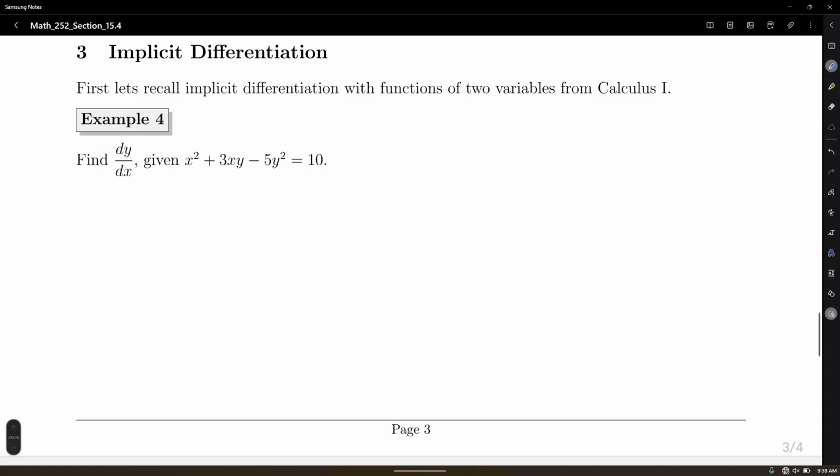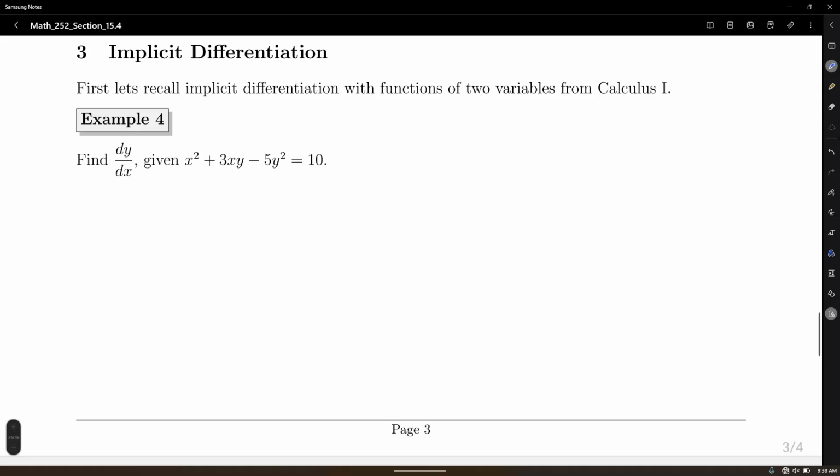So why do we go about implicit differentiation? Well, that's because we have an implicit function. But what's an implicit function? It's a function that cannot be written as an explicit function of the dependent variable y. That's because if you try to solve for y, notice you have a y squared, you would have to use the square root property.